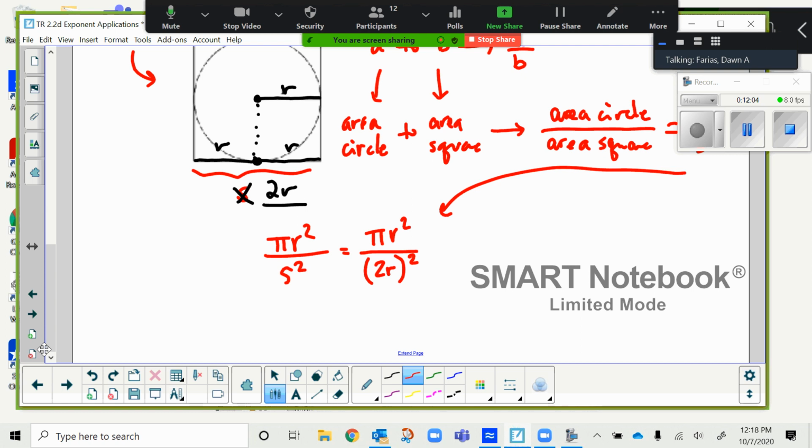And they're being raised to a power. So we have a power of a product. And when we learned that rule the other day, we knew to take that power on the outside and distribute it to everything inside. So now that denominator is going to look like 2 to the 2 and r to the 2. And I still have pi r squared up top.